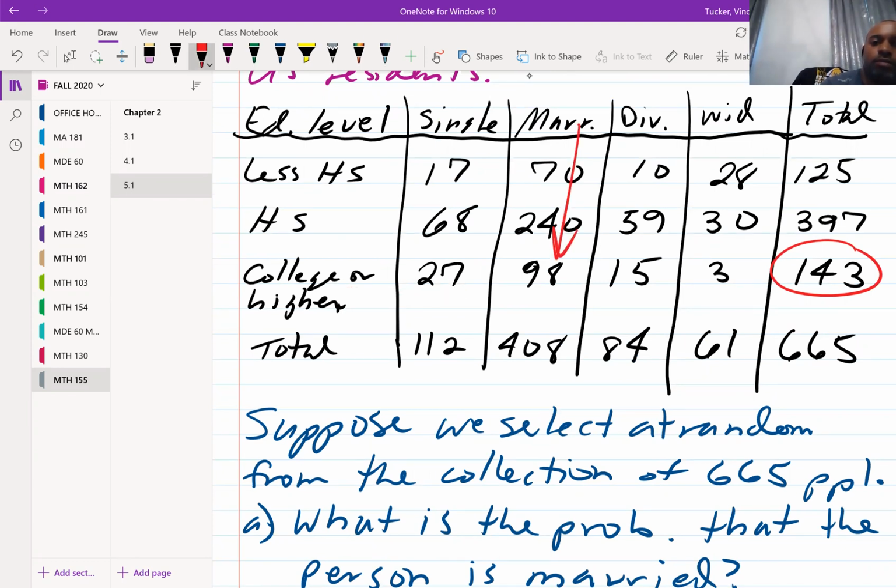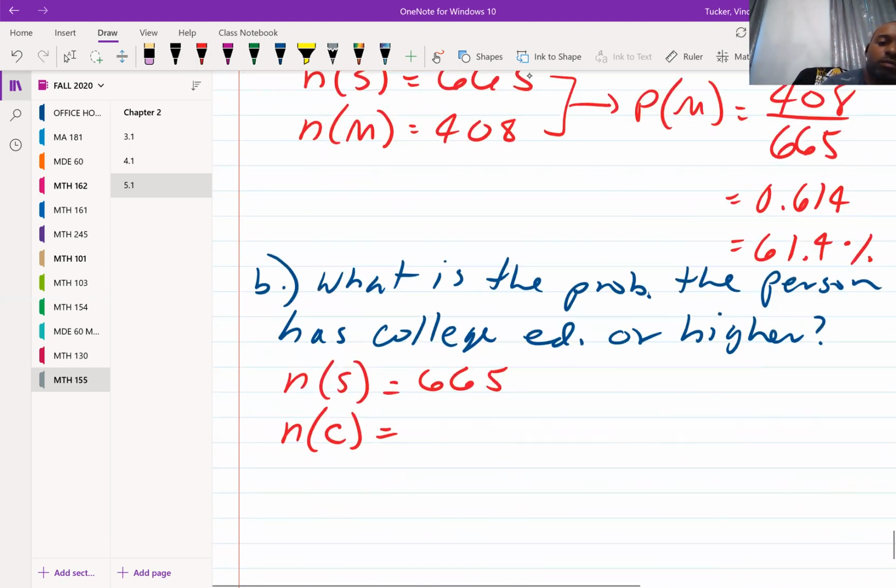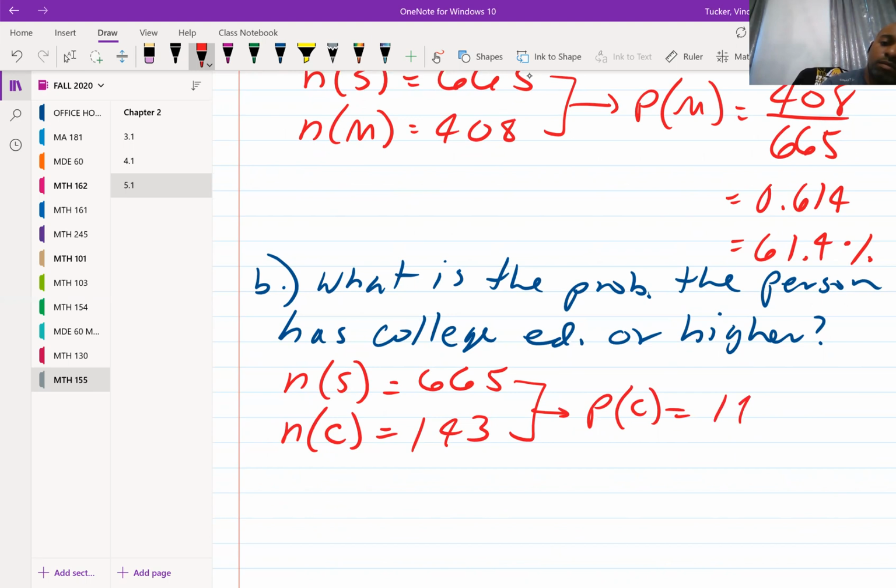Marriage was this column, that was the first problem, but college education or higher is this row. So that's 143 over 665.